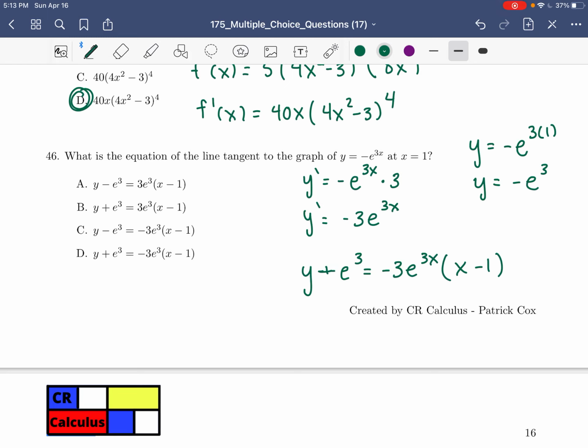So y plus e to the 3 equals negative 3e to the 3rd. I forgot to plug in a 1. My bad. But since x equals 1, that just becomes a 3. X minus 1. So the answer has to be D.